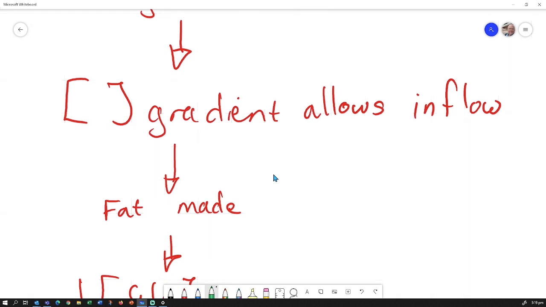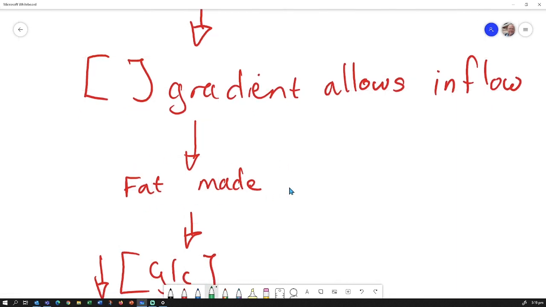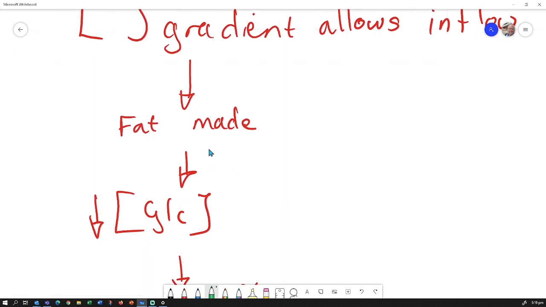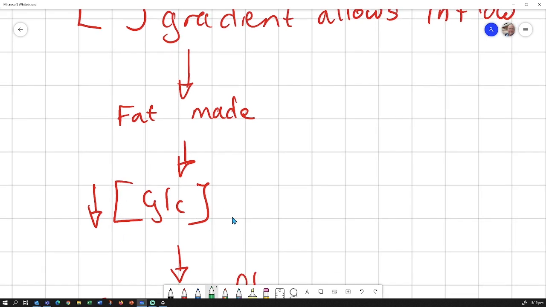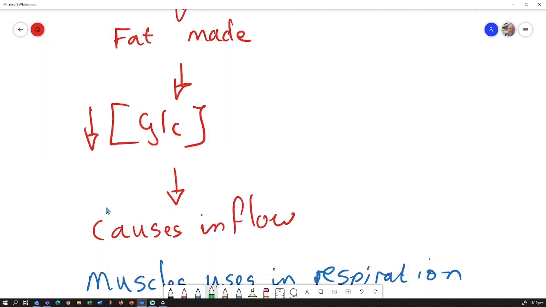And when it's inside, if it's a fat cell, now fat can be made by joining the carbohydrates to 3 fatty acids to make a triglyceride. Okay, and by making fat, you decrease the concentration. If the concentration of the glucose goes down, we create another concentration gradient, and the concentration gradient causes the inflow of more glucose into the fat cells.